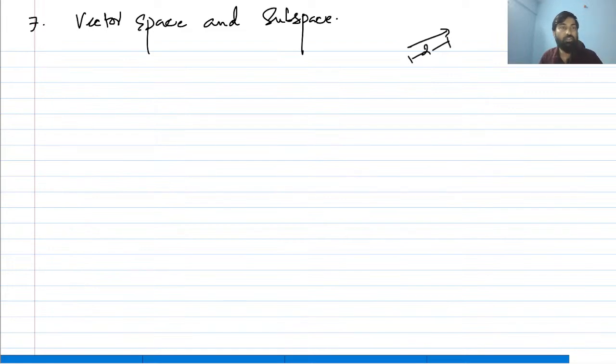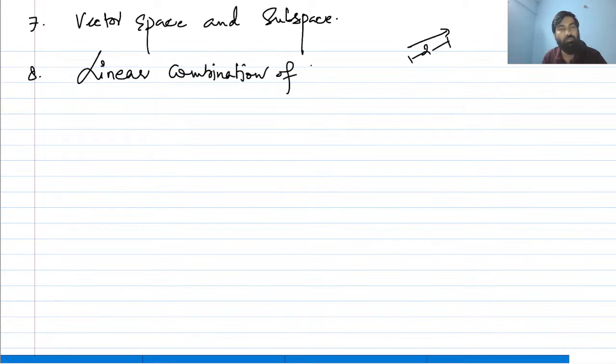So that covers vector space and subspace. Topic number 8 will be the concept of linear combination of vectors. What is the meaning of linear combination of vectors?